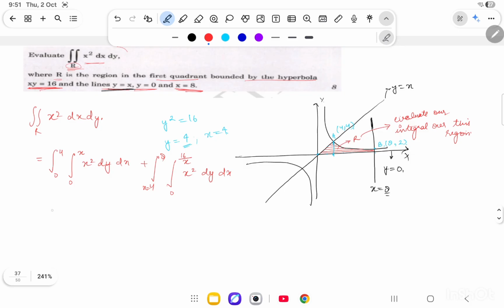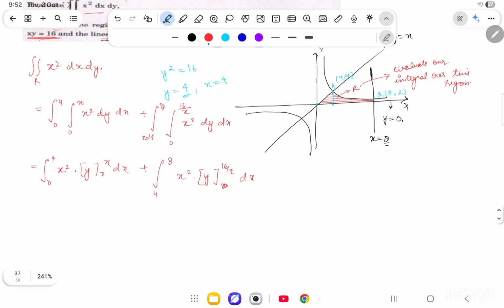So this simplifies to integration 0 to 4 of x square into y with limit from 0 to x dx, plus integration from 4 to 8 of x square into y, where the limit varies from 0 to 16 by x, dx.